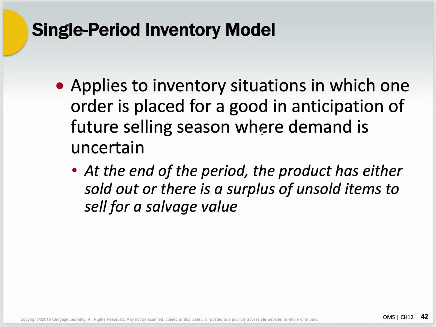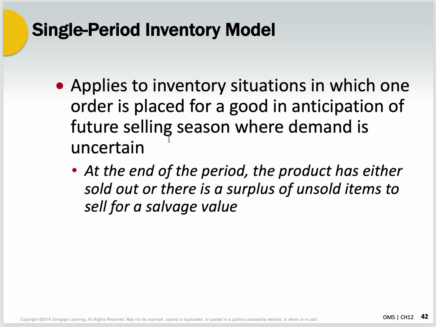That's why at the end of the season, you can buy them for a fraction of the price. So it applies to situations in which one order is placed for a good in anticipation of a selling season. The reason it's called the newsboy problem is I order newspapers to sell tomorrow. The newspaper comes. There's a penalty for newspapers that I don't sell. I still have to pay for them, even though I didn't sell them.